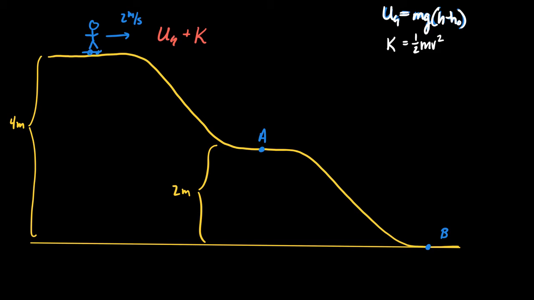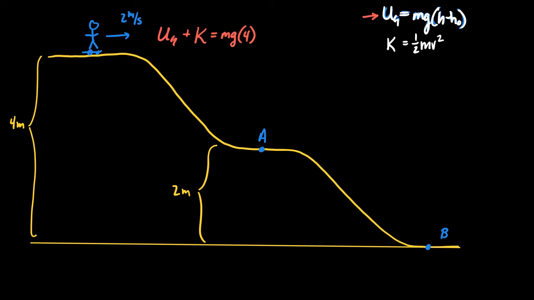At the start of the problem, the person is 4 meters above the reference level. Gravitational potential energy is based on how high you are. So if I want to compute how much gravitational potential energy there is, I can use the fact that they are 4 meters above the reference level as a means of getting the gravitational potential energy.